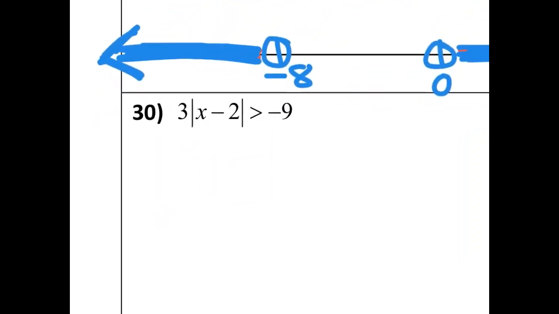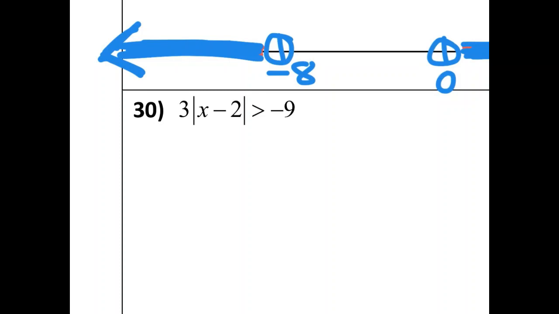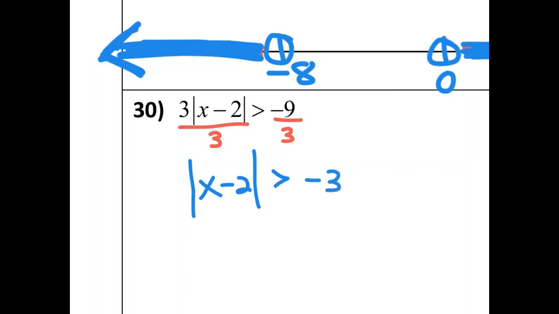Now in number 30, you're going to divide by +3. You get the absolute value of x minus 2 is greater than -3. And again here, note that you've got the absolute value and a negative number on either side of your inequality.